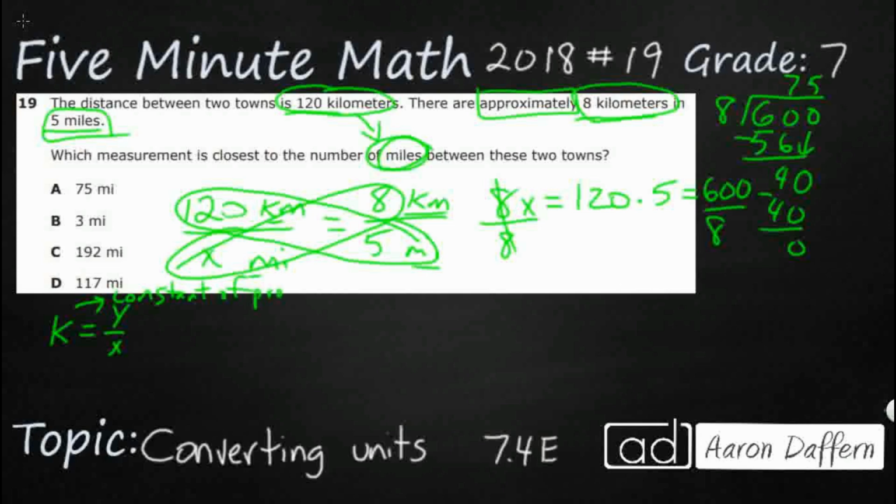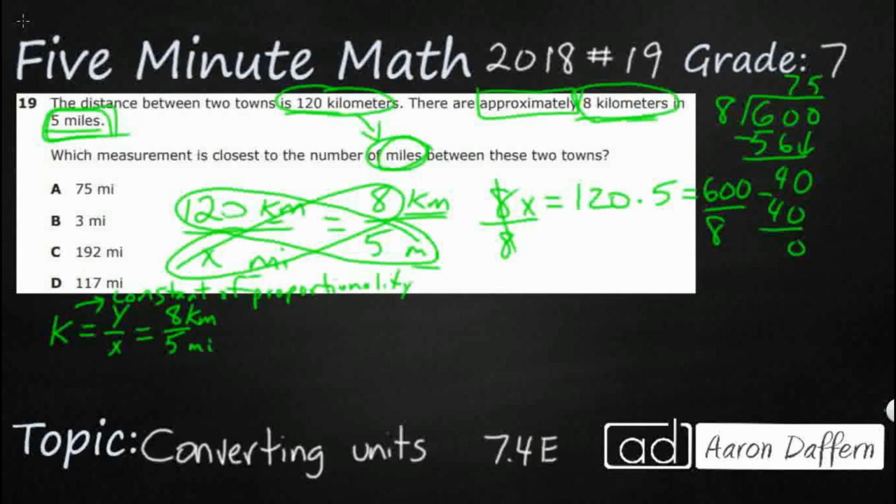And what that does is this lets us calculate our change. And when I was reading this, 8 kilometers in 5 miles, to me, that just looked like a ratio that would fit straight into this. So 8 kilometers, 5 miles, because they literally gave us a ratio here.